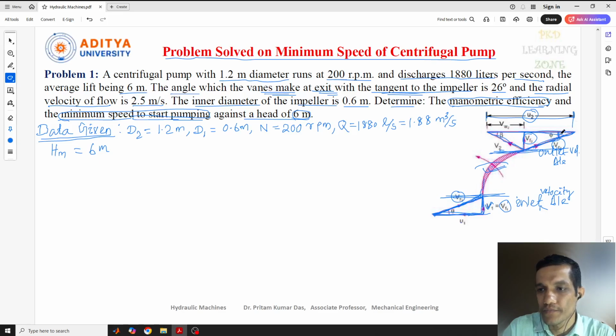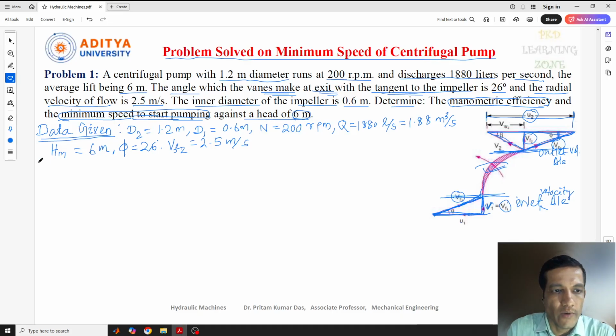So that is given phi. So here phi is given 26 degree, and the radial flow velocity at the exit, that is here VF2, is given 2.5 meter per second, and diameter I have already written. Manometric efficiency you need to calculate, and this one against a head of 6 meter, that is HM.